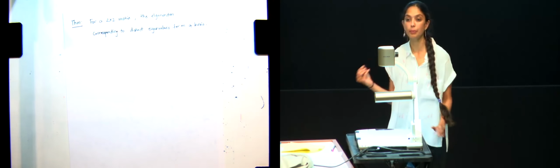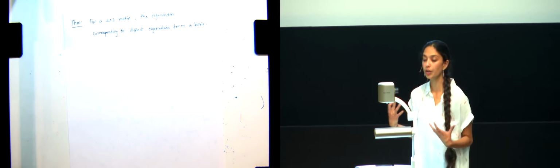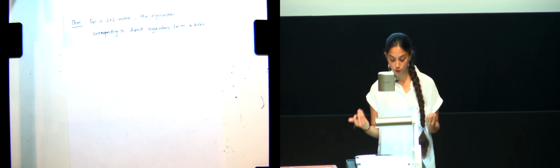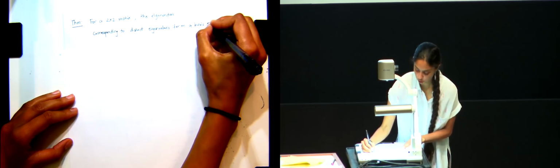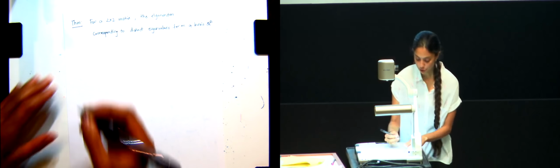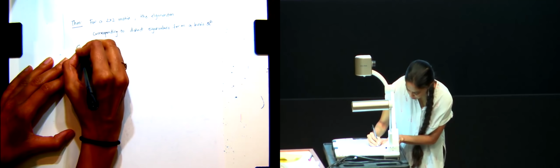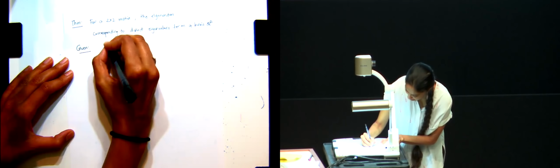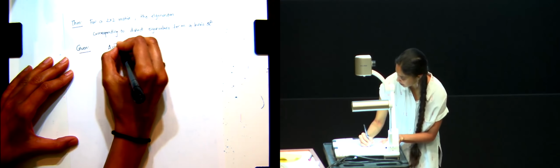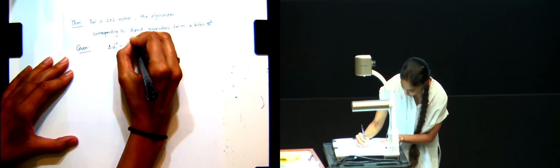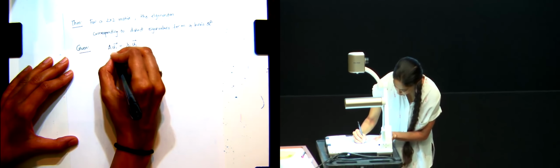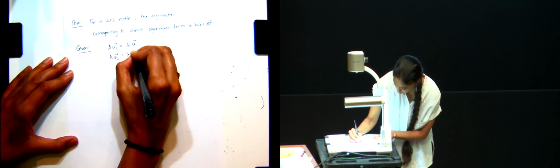form a basis. So we saw in these couple of examples that we are getting this basis, but we want to show that you can actually form a basis for R2. So let's say we're given that A V1 is equal to lambda 1 V1, and A V2 is equal to lambda 2 V2.